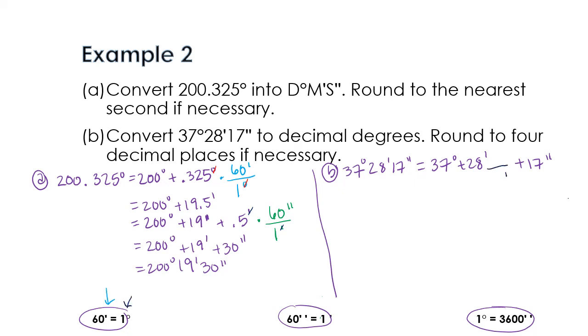I want to get rid of the minutes here, so I'm going to put the minute on the bottom and the degree on top. We also know that 1 degree is equal to 3600 seconds. I want to get rid of the seconds, so I'm going to put that 3600 on the bottom and the degree on the top. That way the seconds cancel and the minutes cancel. When you plug that into your calculator, you end up getting 37.4714 degrees.